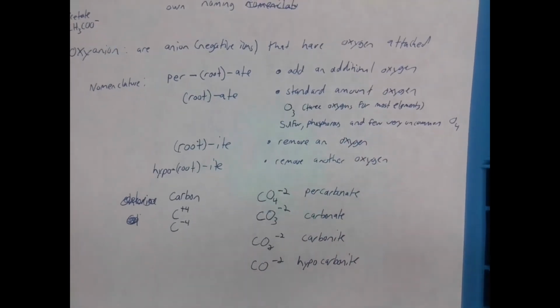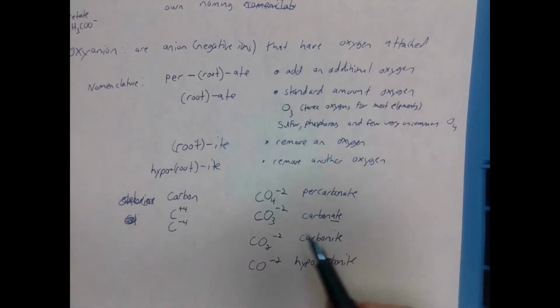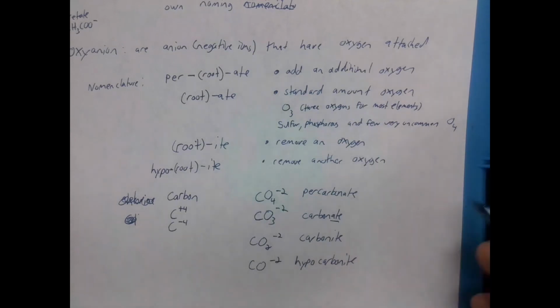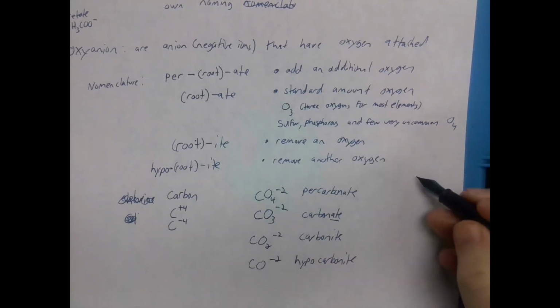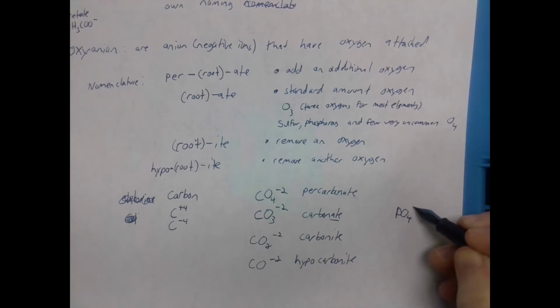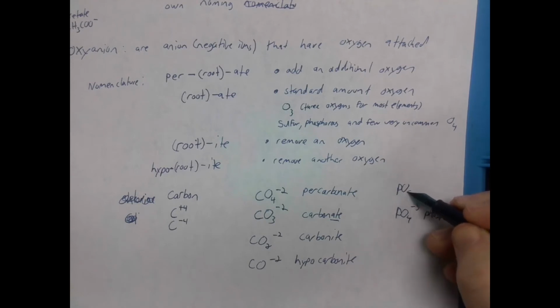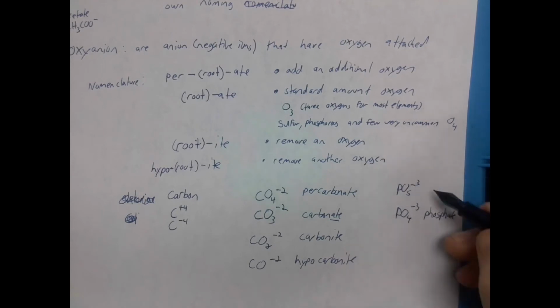Now, some of these don't exist, but I'm going to show you that even though the -ate version is usually O3, something like phosphate is PO4, -3, that is phosphate. And if you add an oxygen, it becomes perphosphate.